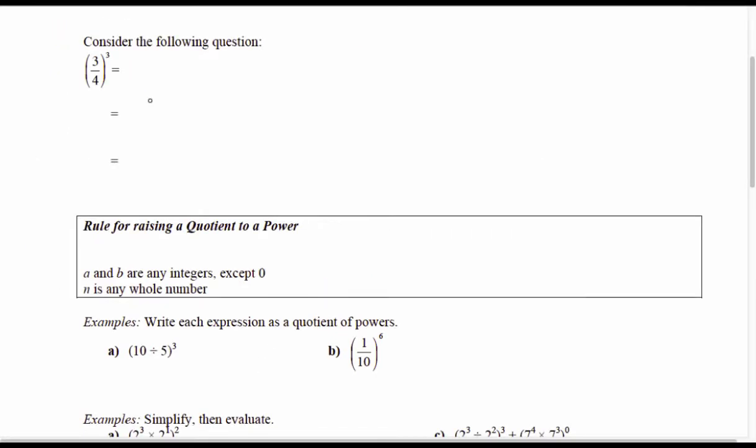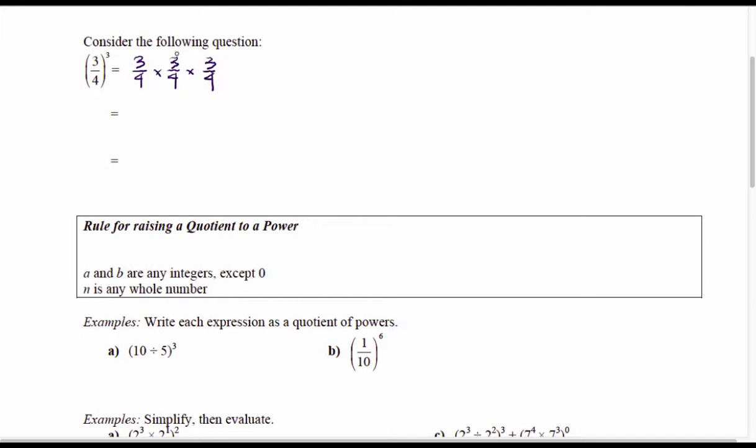The final thing that we would like to look at is what happens when we have a quotient raised to a power. And quotient simply means when we have division, and that's all raised to a power. So if we have 3 divided by 4 raised to the power of 3, in repeated multiplication that would be 3 over 4 times 3 over 4 times 3 over 4.